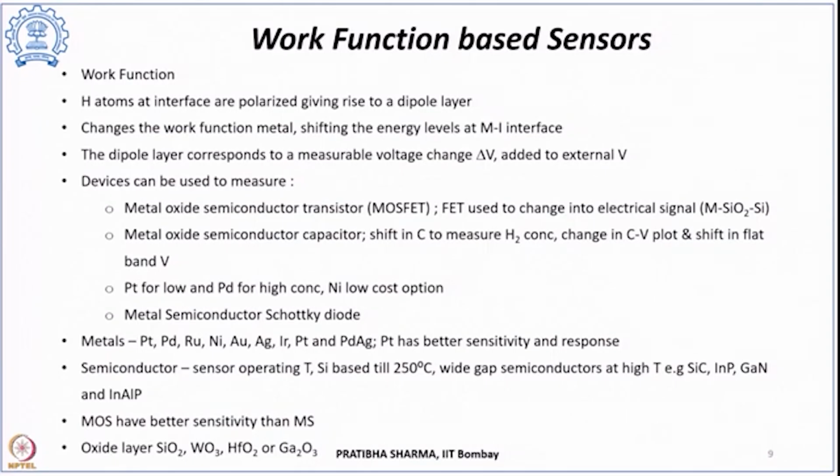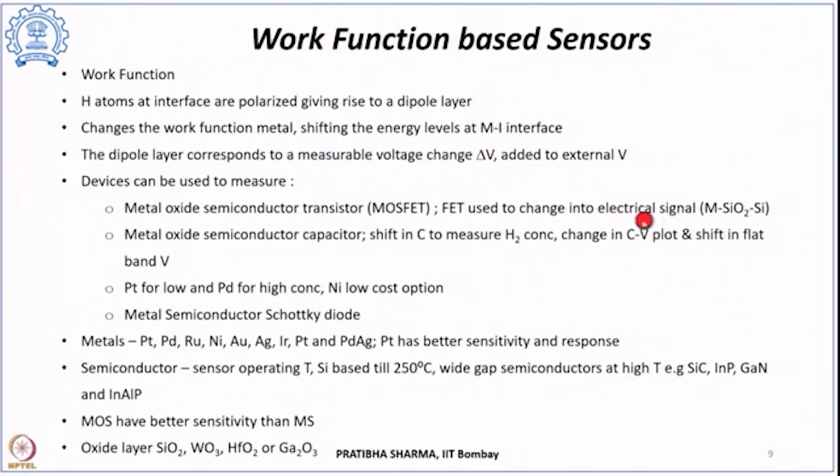Now there are different devices that can be used which are based on the work function change, like the metal oxide semiconductor field effect transistor, so MOSFET. Here in these MOSFETs the field effect transistor is used to convert this delta V, the change in the voltage, into an electrical signal, and that electrical signal can be calibrated with the hydrogen gas concentration.